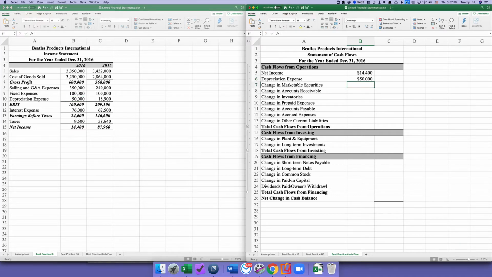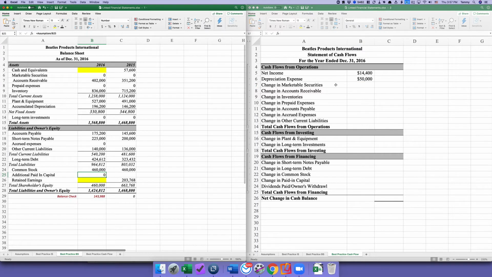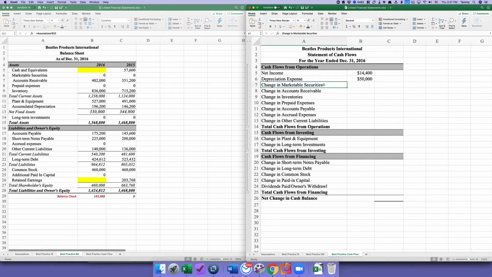Now, remembering that when we have asset items that are increasing, that means that that is a reduction in cash flow.